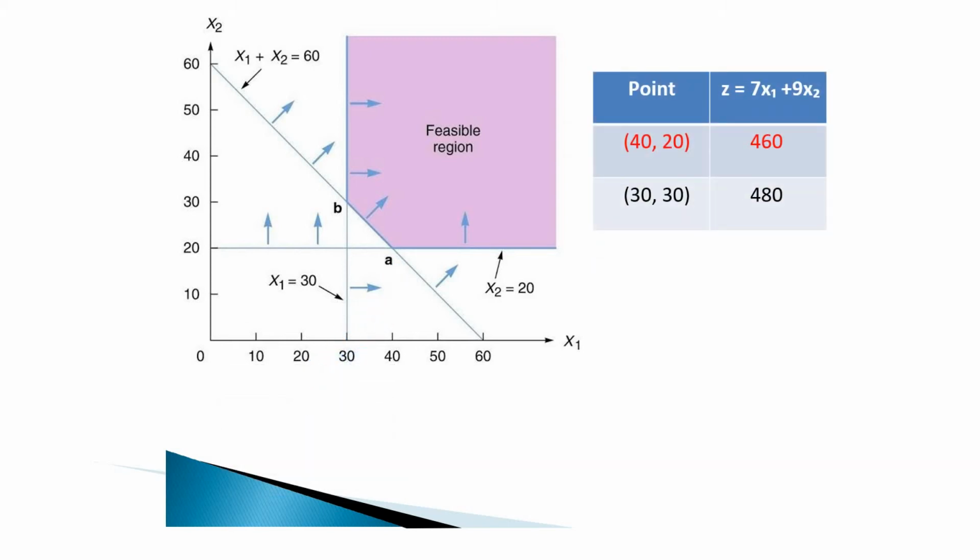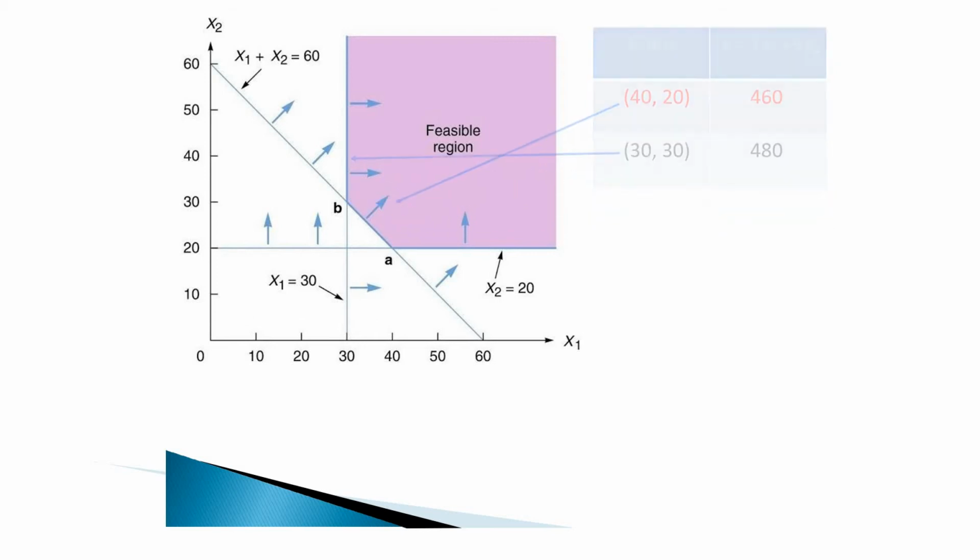So we need to find the vertices of the unbounded feasible region. We have two: A is 40, 20 and B is 30, 30. At 40, 20, the value of the objective function z equal to 7x1 plus 9x2 is 460 and at 30, 30 it is 480.